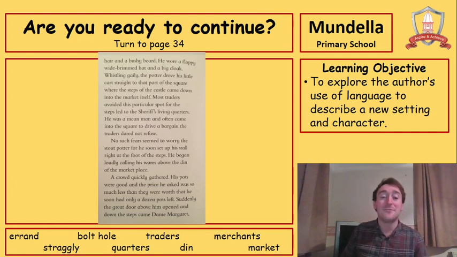He began loudly calling his wares above the din of the marketplace. A crowd quickly gathered. His pots were good, and the price he asked was so much less than they were worth that he soon only had only a dozen pots left. Suddenly, the great door above him opened, and down the steps came Dame Margaret.